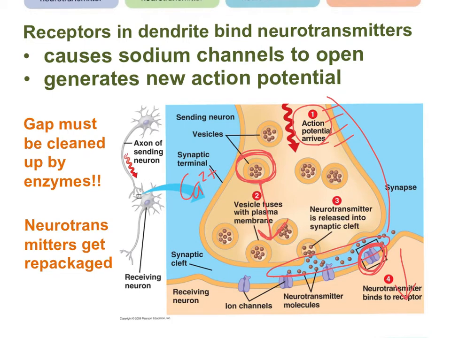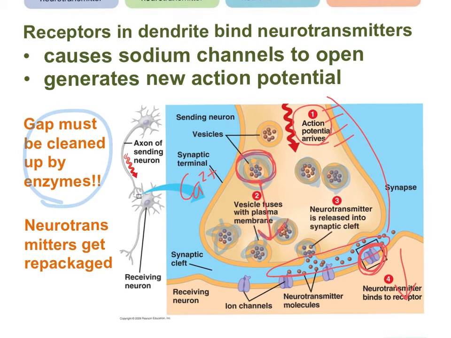At some point, the topmost neuron would potentially run out of neurotransmitters because it's spilling them all into the gap. And then that neuron would be totally useless. So that does not happen. Instead, there is an enzyme, and that enzyme cleans up the gap.